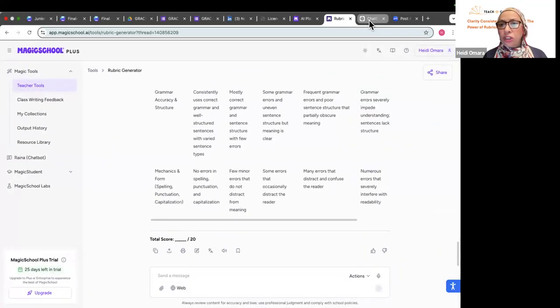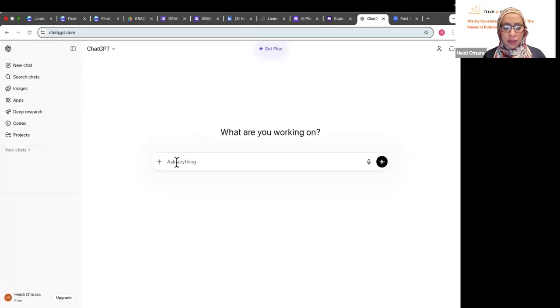Another way of doing it is doing it on ChatGPT. So as simple as that, you can just write, I want a rubric for 6th graders. Maybe Flyers. You can specify CEFR level for them, Flyers.